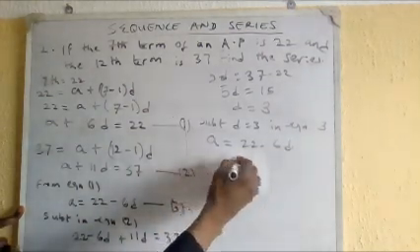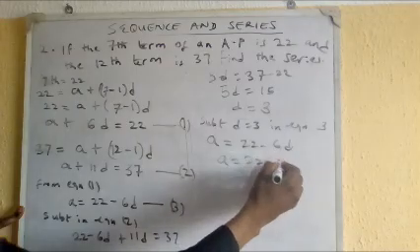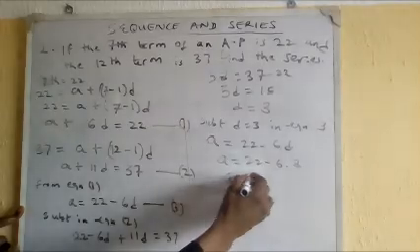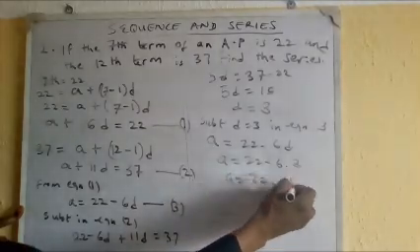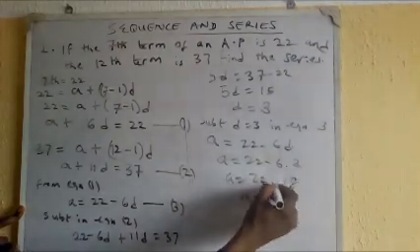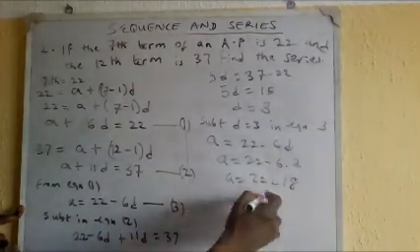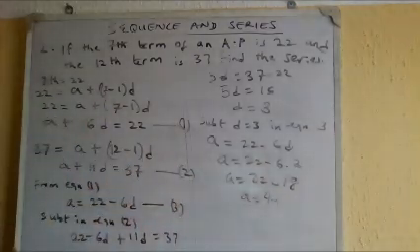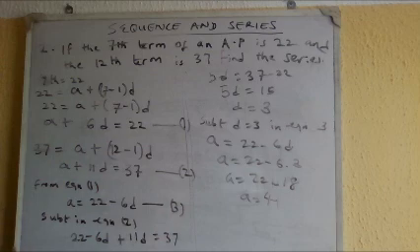So A is equal to 22 minus 6 times 3. So A is equal to 22 minus 18. A is equal to 4. So I've gotten my A as 4 and my D as 3.